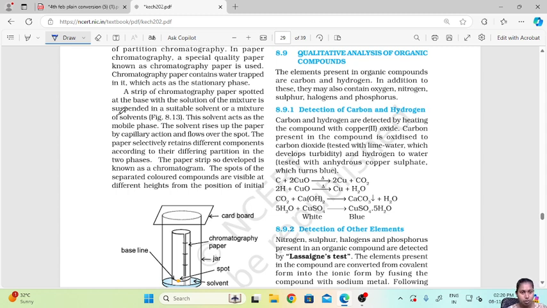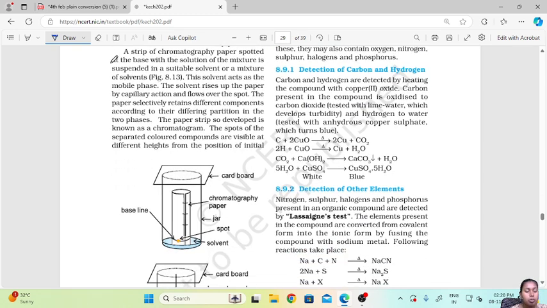So you take a strip of chromatographic paper which is spotted at the base with the solution which needs to be separated, and then it is suspended into a suitable solvent or a mixture of solvents. This solvent acts as the mobile phase. The solvent rises up the paper by capillary action and flows over the spot.